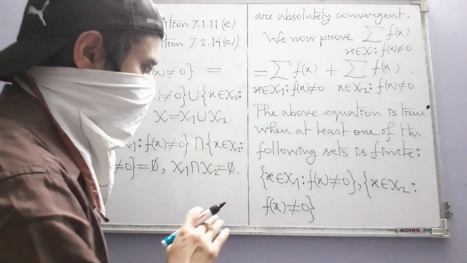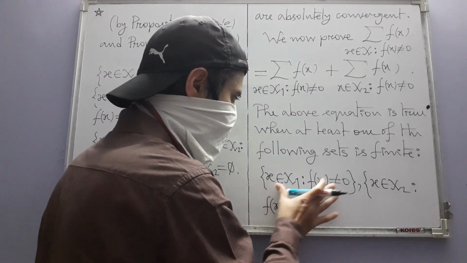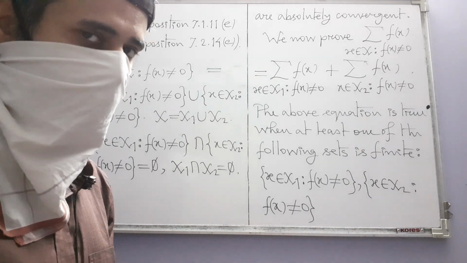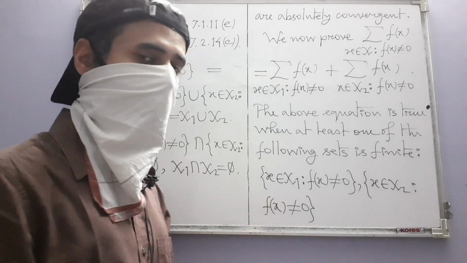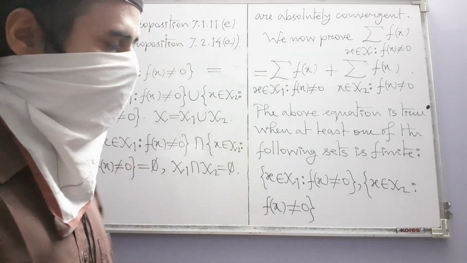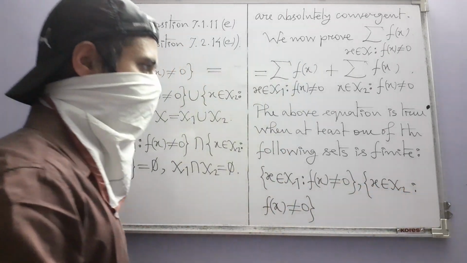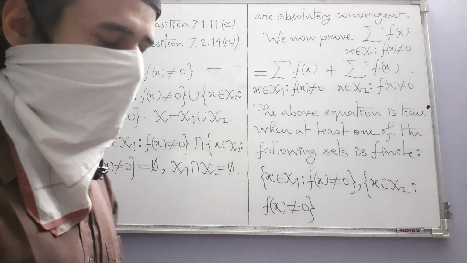And there is of course another case where exactly one of these two sets is finite and the other one is infinite. But that infinite is a special kind of infinite. It's not just any infinite set. Say this is finite and this is infinite. Then of course at least one of them is finite.